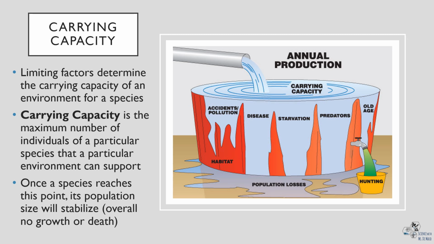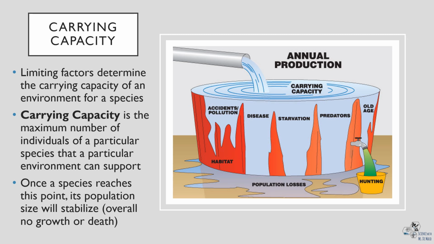How many predators are there? Is there hunting allowed? Is there enough rainfall? Do you have natural disasters like fires that come through the area? Is there enough prey for you to be able to hunt and get food? All of those things are limiting factors that can affect the carrying capacity.